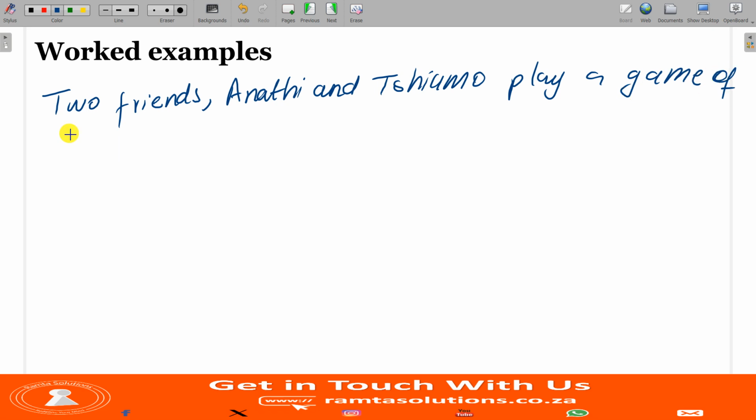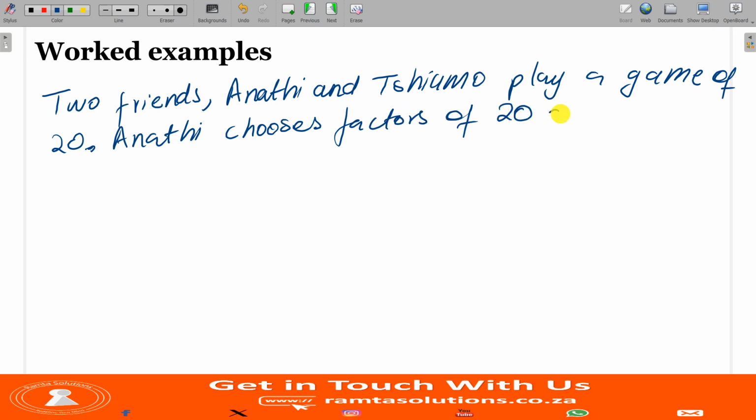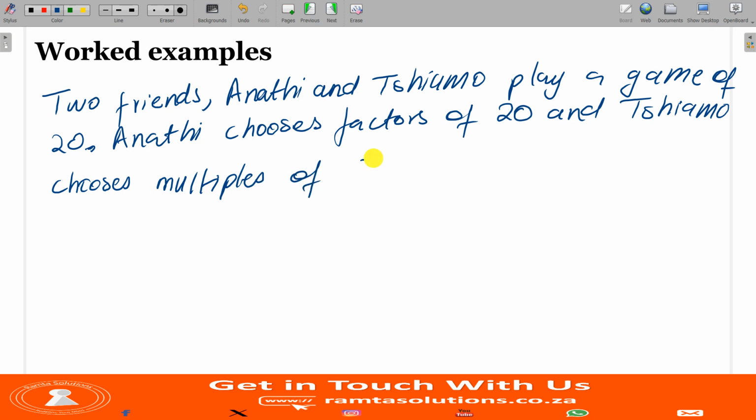Anati chooses factors of 20, and Tiamo chooses multiples of 5.